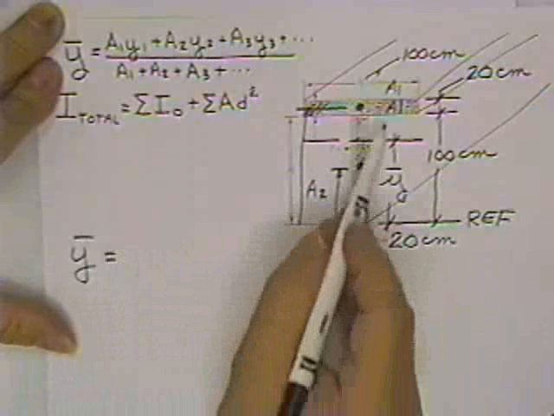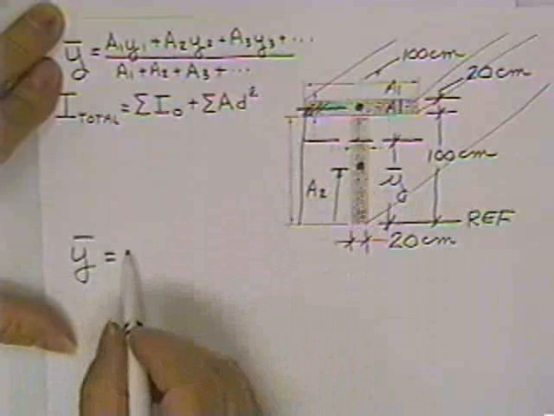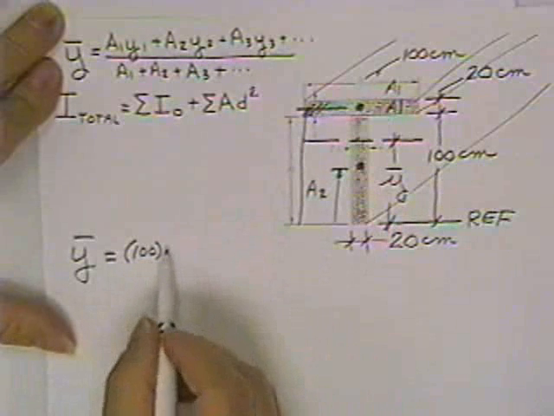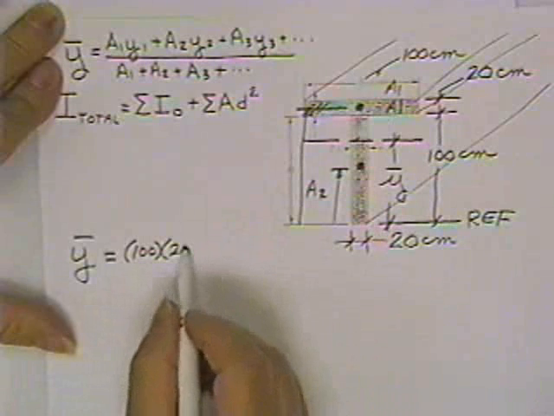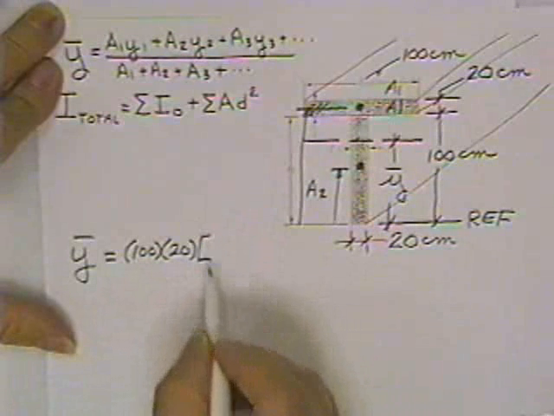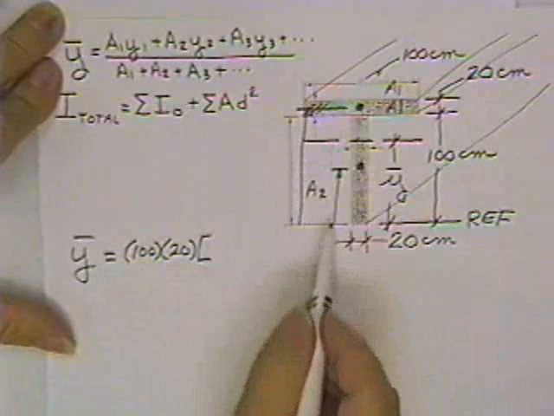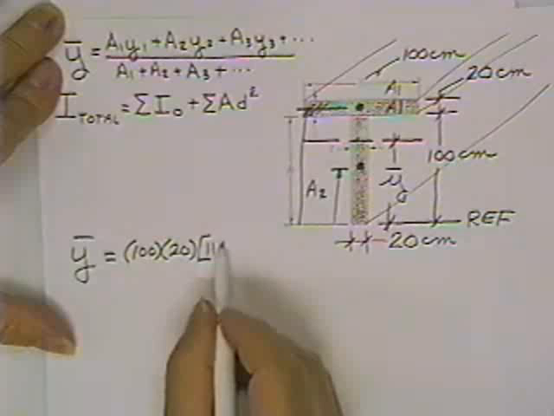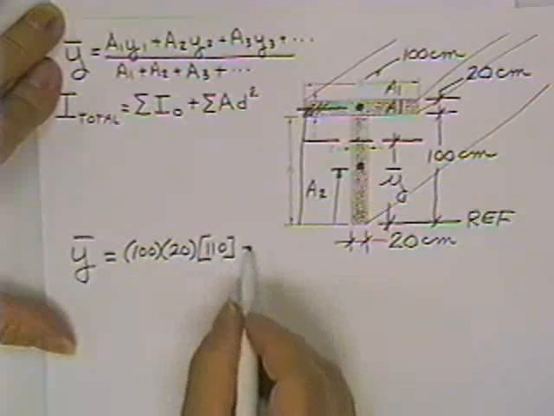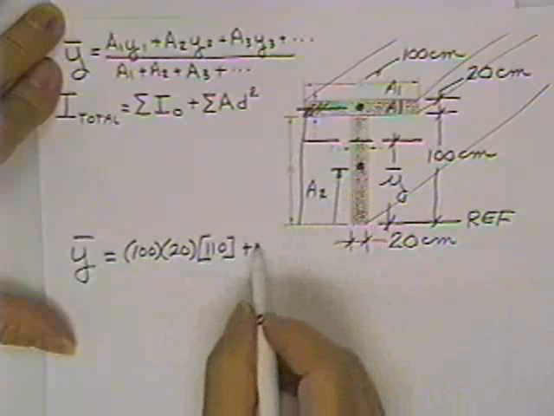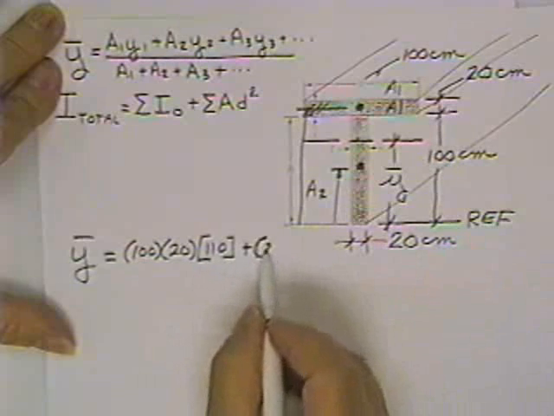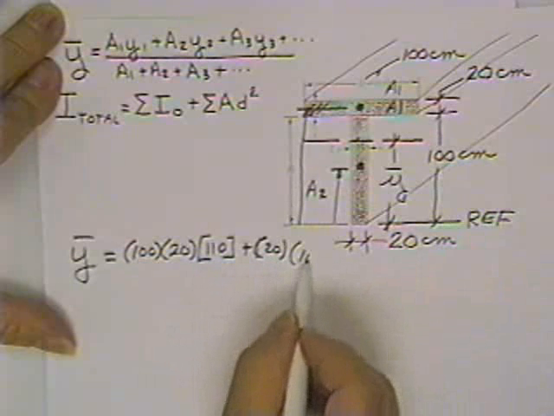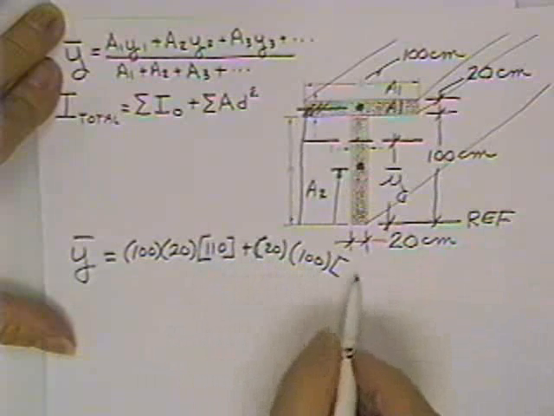Y bar is equal to, you selected the top piece as area 1. It's 100 centimeters times 20 centimeters times how far is it up in the air from the reference? It's 110 centimeters. Plus, here's area 2. It's 20 centimeters by 100 centimeters.